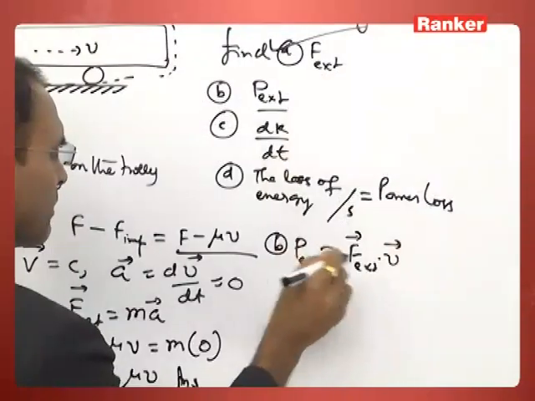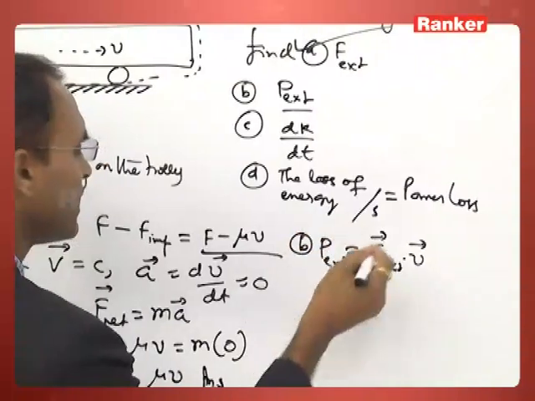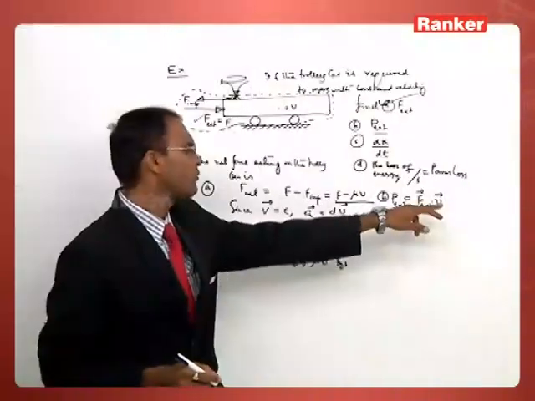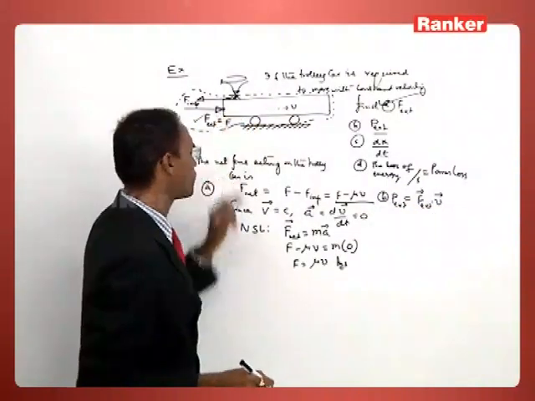So the power delivered by the external agent is equal to external force dot the velocity of the point of application of the external force.